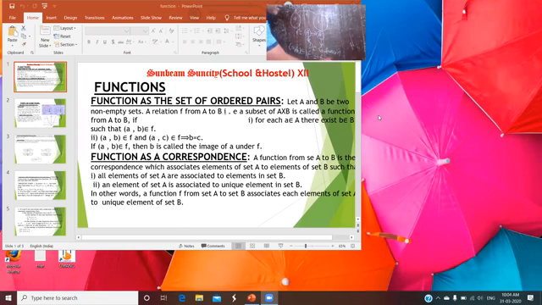That means F of A is equal to B. All these things you are studying in class 11. The only purpose is that here we have to build up the concept which you already have. In this way, you can say that the function is related to set A to set B.